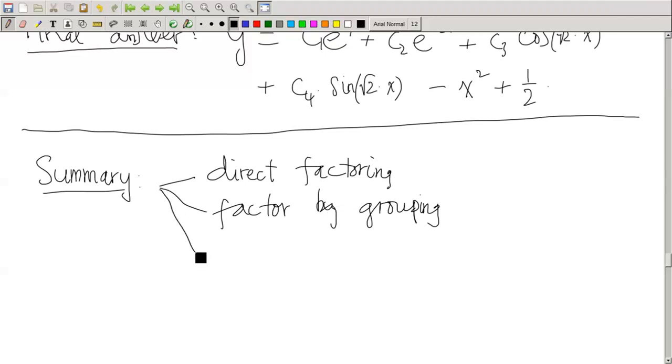And then the method of quadratic-like equation. Now this is another type of equation that we need to use long division or synthetic division, and I will discuss that in a different video.